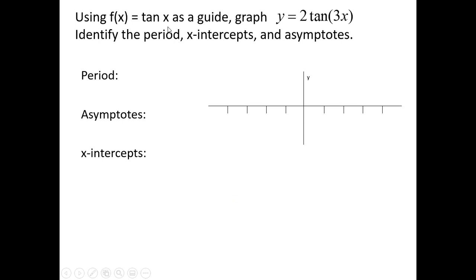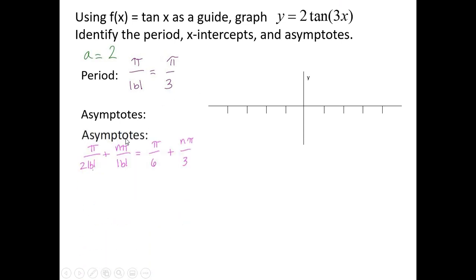So using our basic f of x equals tangent of x as a guide, graph y equals 2 tangent of 3x. Well, my A is 2. The absolute value of 2 is 2. My period here is pi divided by the absolute value of 3, so pi over 3.